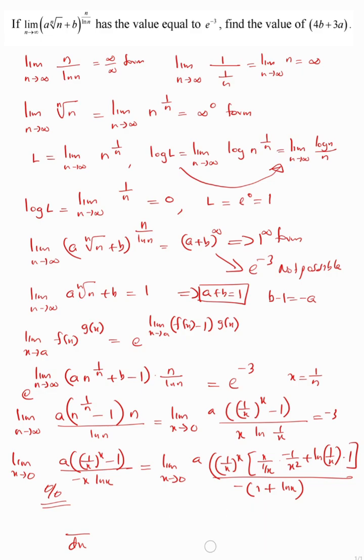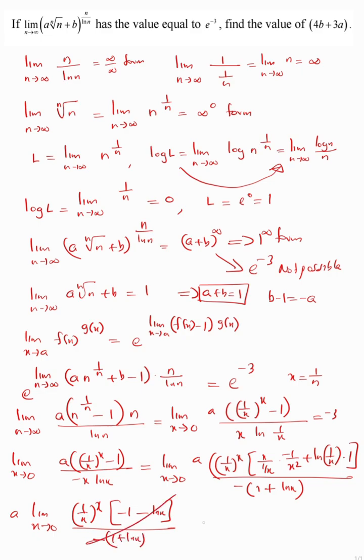So I got this. Now a into limit x tends to 0, I have 1 by x raised to x. Here I have minus, and this x will go to the numerator, x square will cancel, so it will be minus 1 plus log 1 by x. Log 1 by x I can write as minus log x. So minus ln x divided by minus 1 plus ln x.